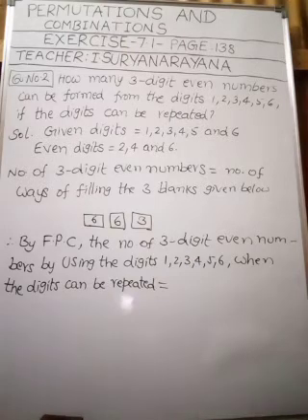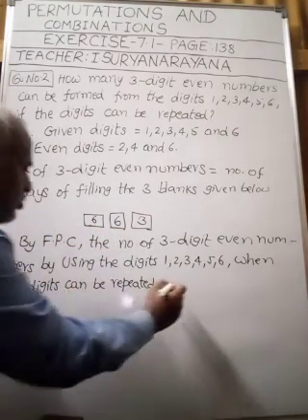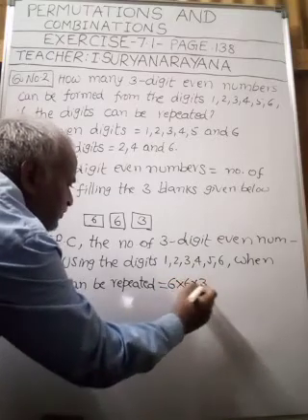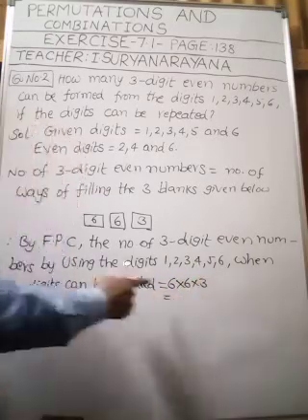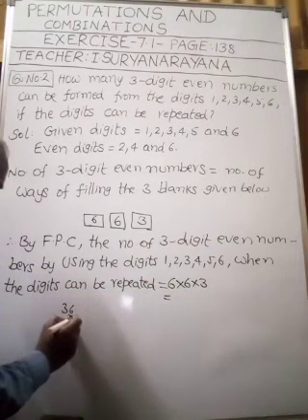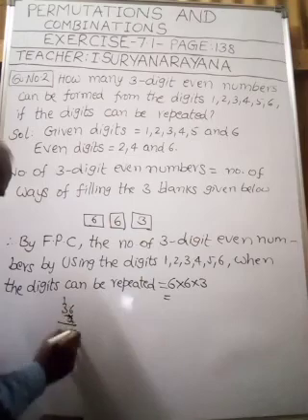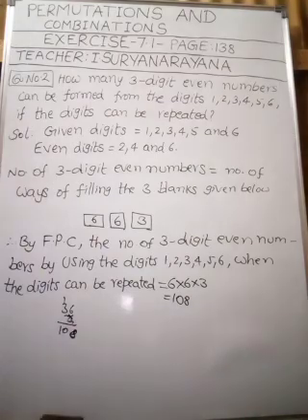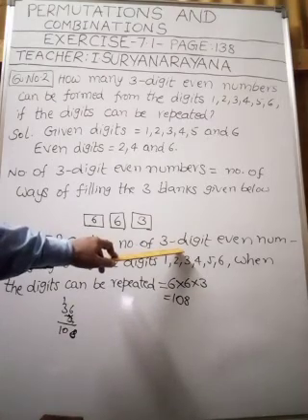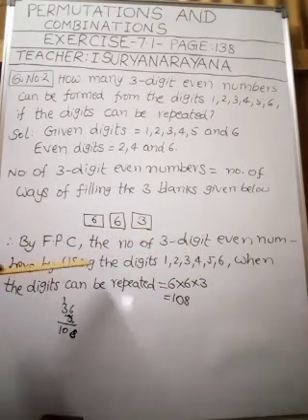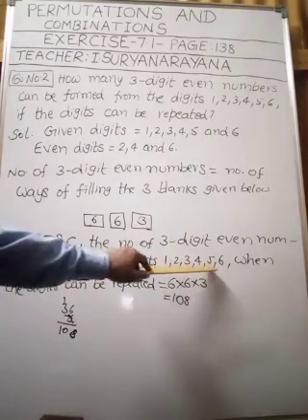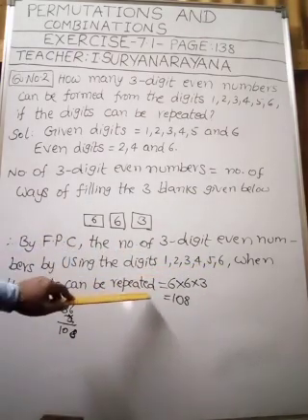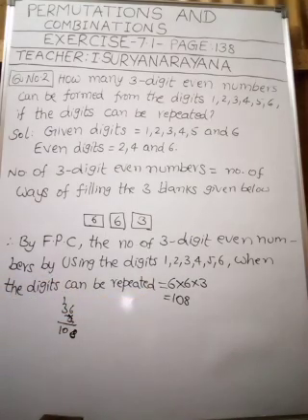Yes, principle of multiplication, because we have to perform all these three jobs one after the other. So 6 into 6 into 3. 6 sixes are 36. 36 into 3 is 108. 108 three digit even numbers can be written by using the digits 1, 2, 3, 4, 5, 6, and the digits can be repeated. Understood this point, my children? Right.